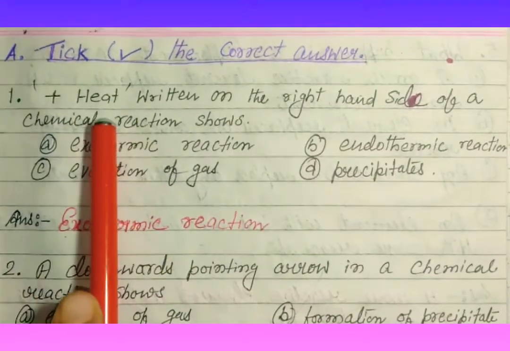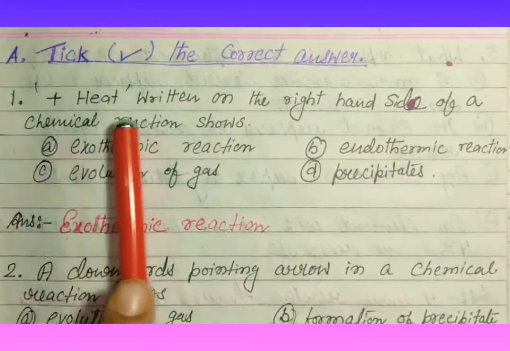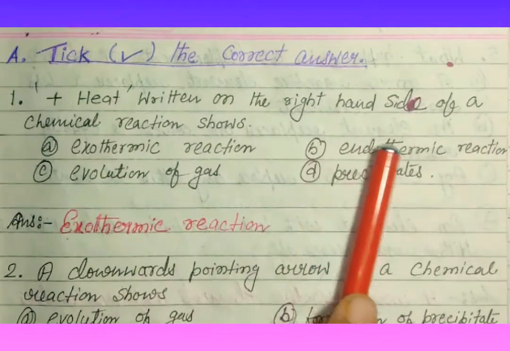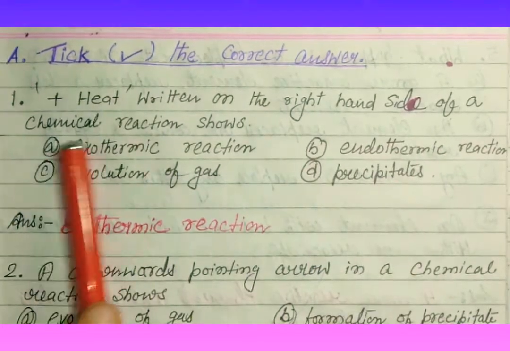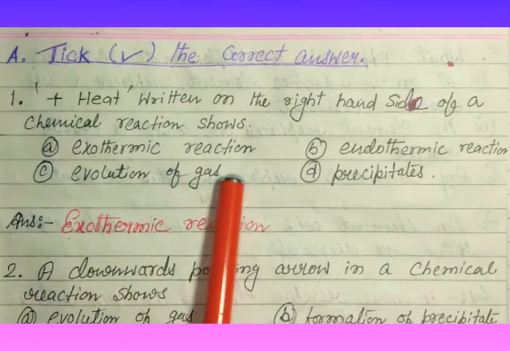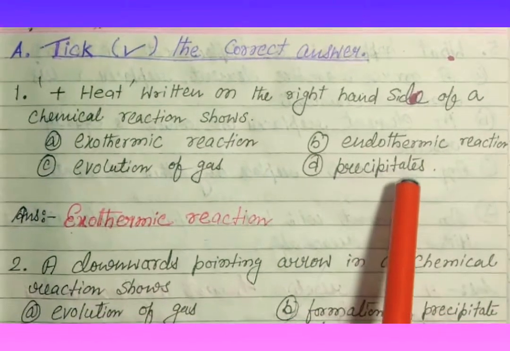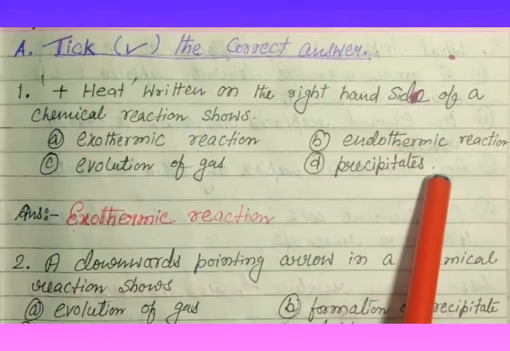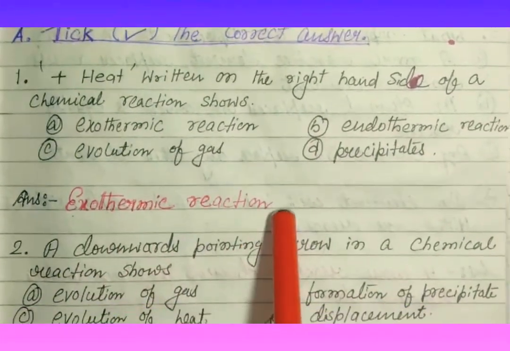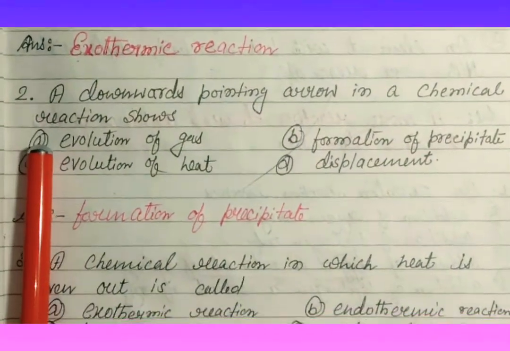Now choose the correct answer. First question. Heat written on the right hand side of a chemical reaction shows: exothermic reaction, endothermic reaction, evolution of gas, precipitates. The answer will be exothermic reaction. Question number 2.